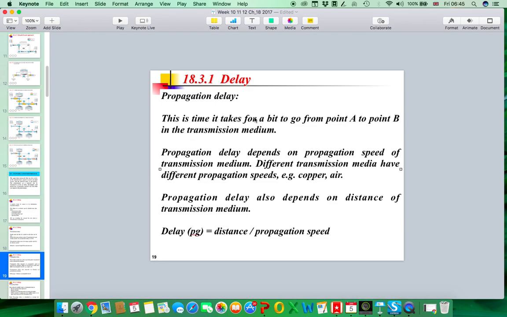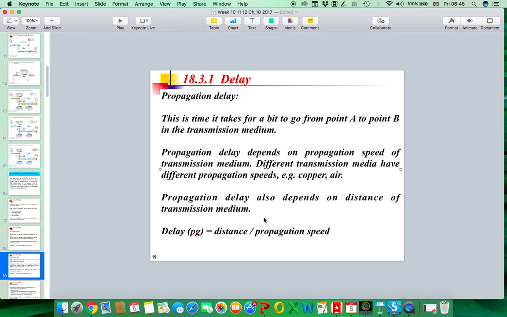And we've seen that, right? So the propagation delay is distance divided by the propagation speed, and the propagation speed is different for different mediums. As we mentioned in class, it's different for air, for water, for copper, for so many different mediums.